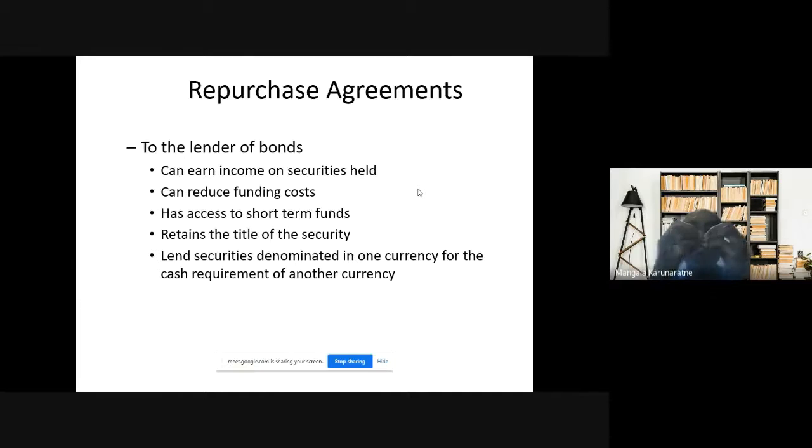So this risk component is not there. So you can generate funds at a lower cost, right? People would like to give you money in return for government securities, because government securities are a more secured way of investment.